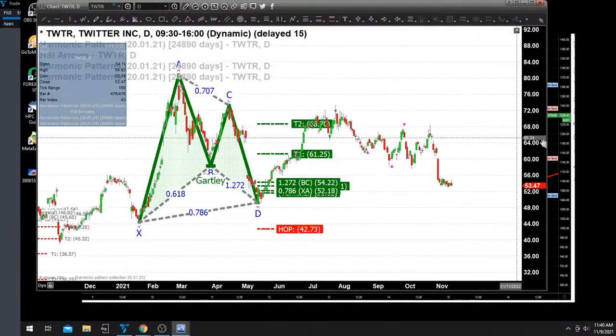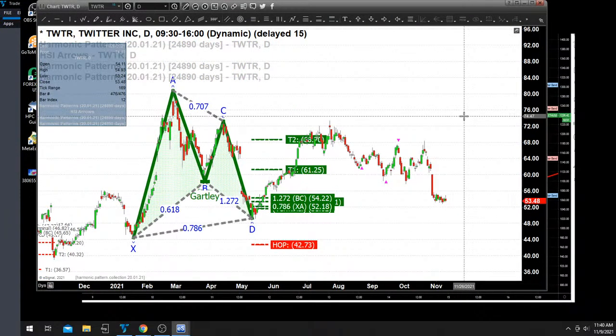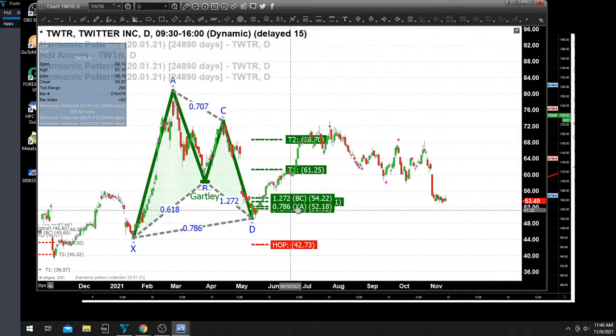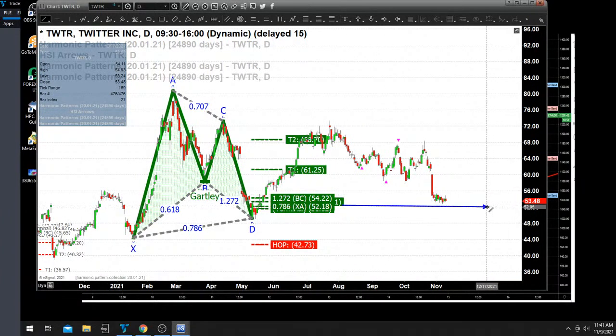I'll talk more about that on Thursday, the importance of identification. But really what we have found is that you can draw all the harmonic patterns you want by hand, but it's much easier to do it this way. And also we have a unified means of identification where we might not have any subjective measurement flaws, let's just say.